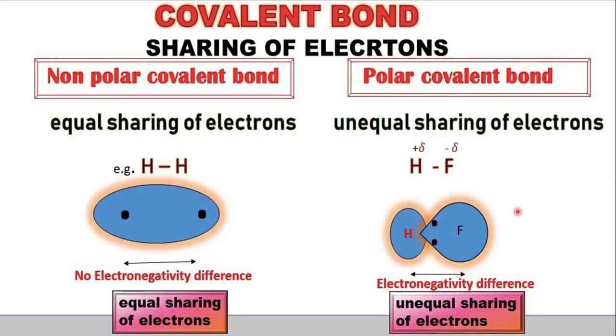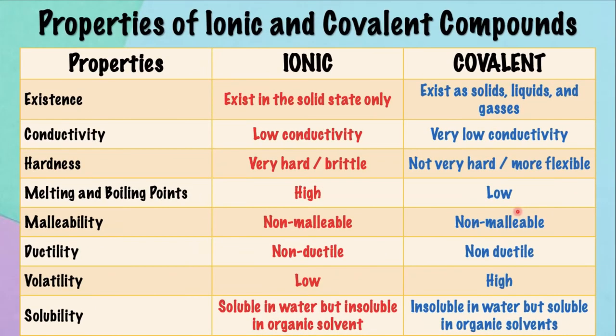Now, let us proceed to the properties of ionic and covalent compounds. Let us have the existence. Ionic exists in the solid state only, while covalent exists as solid, liquid, and gas.